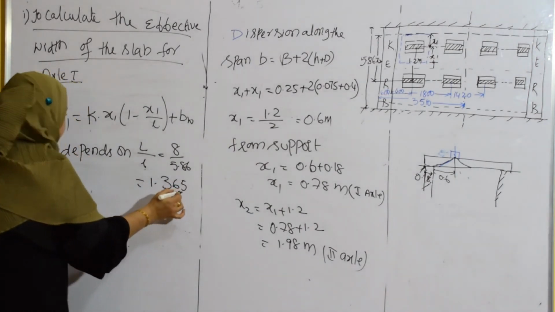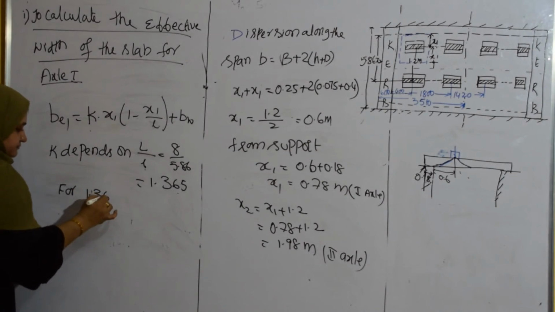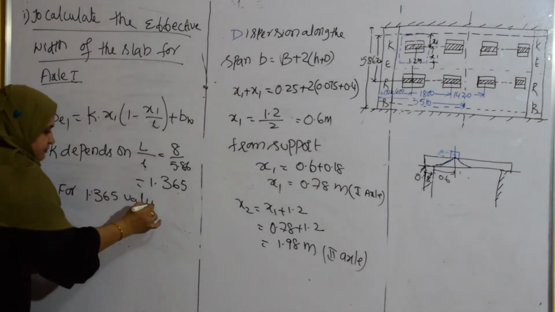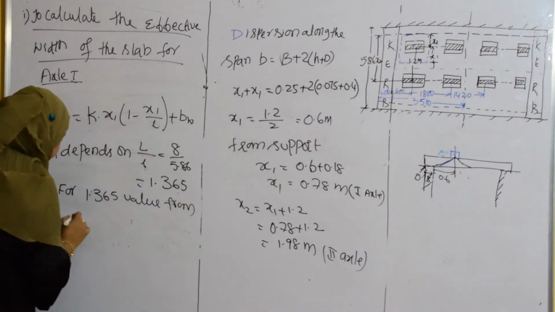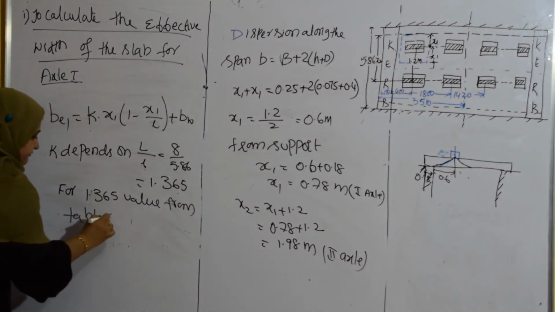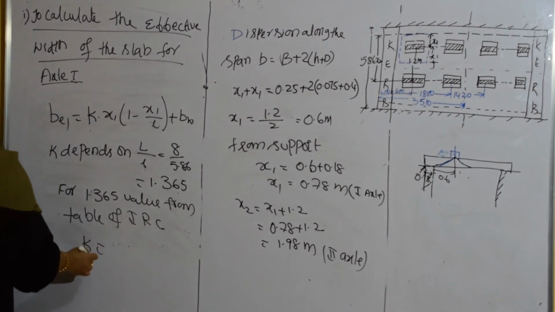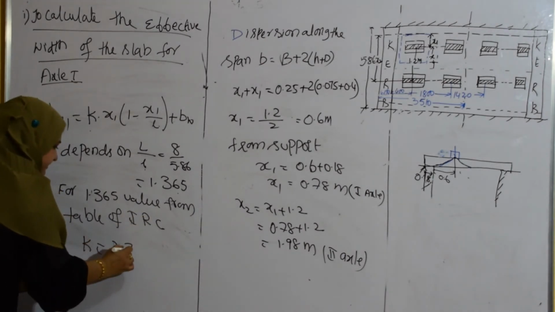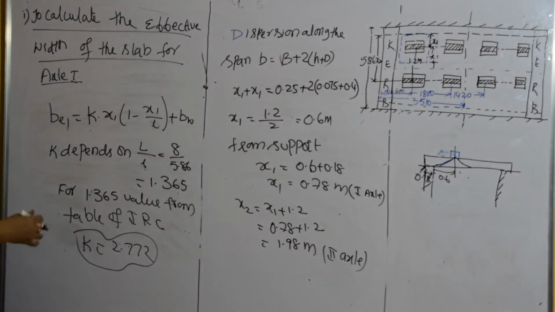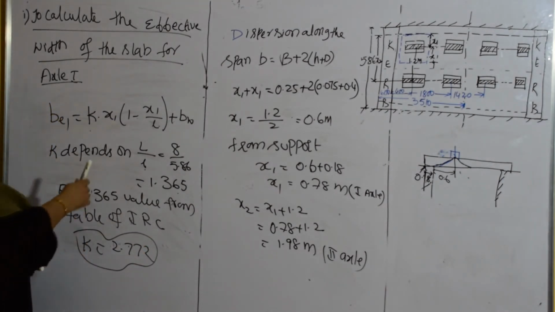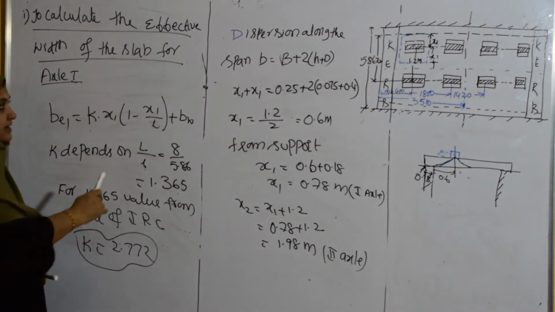For a value of 1.365, from the table of IRC, we get the K value as 2.772. You have to remember this. It's a repetition. So K is completed, x1 is completed, and BW.